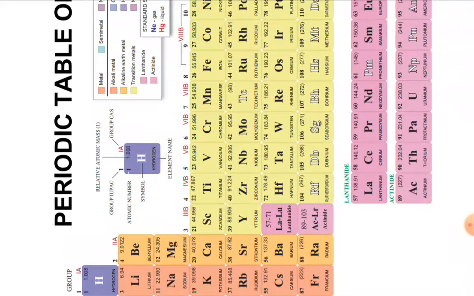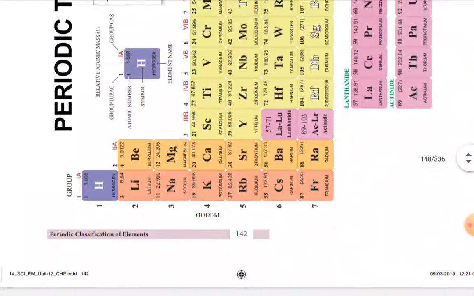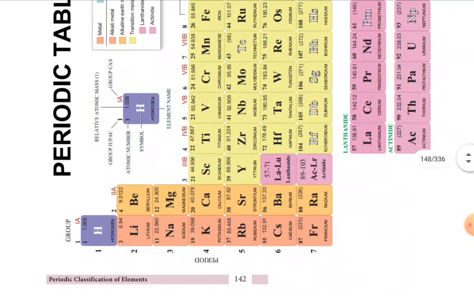Here, for group 1, there are numbers 1, 2, 3, 4 from top to bottom. These 7 numbers indicate periods. So there are 7 periods, and there are 18 groups. The vertical columns are called the 18 groups.